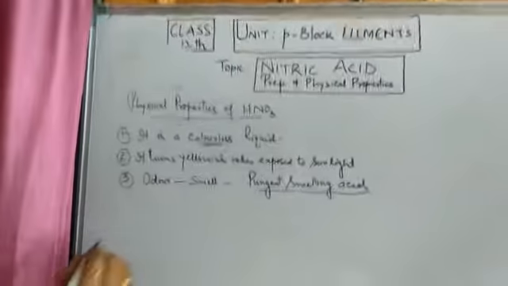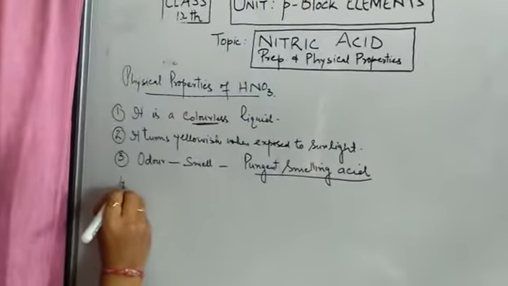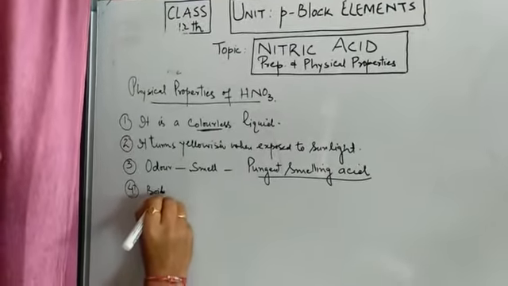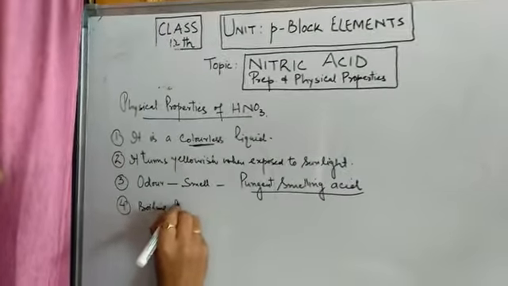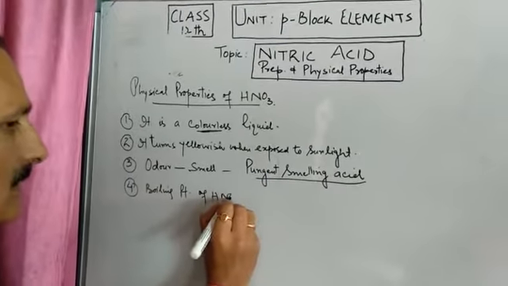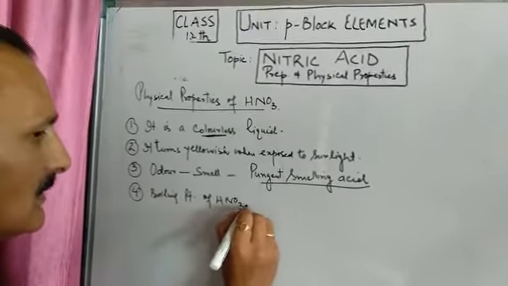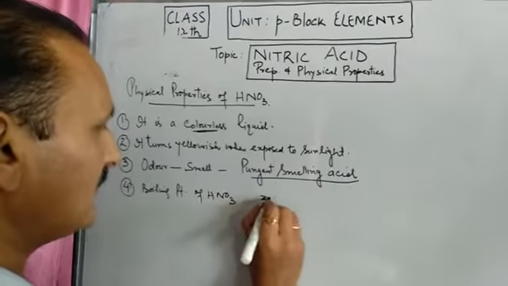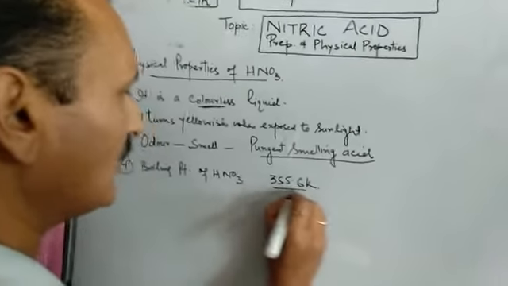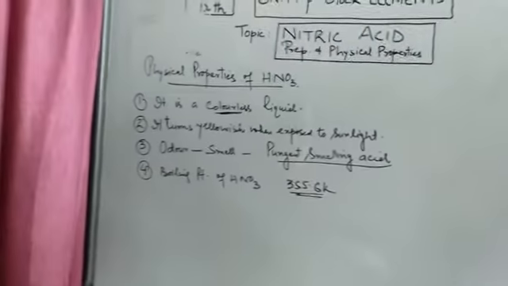Now coming to its boiling point. The boiling point of nitric acid is 355.6 Kelvin. This is the boiling point of nitric acid.